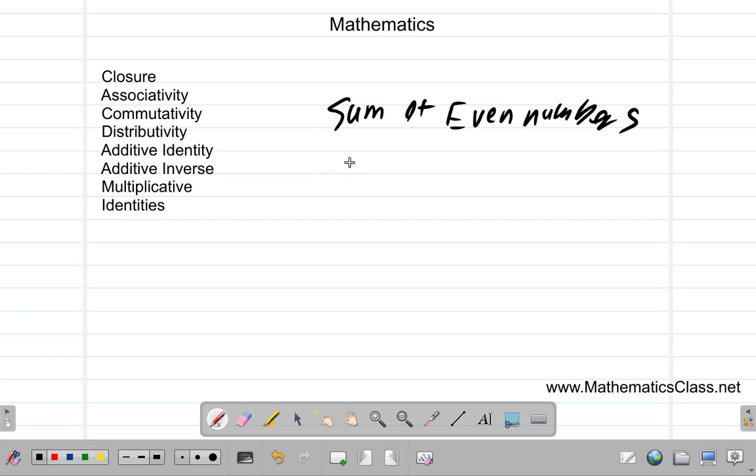Now the thing is, if you have something like 2 plus 2, you get an even number. 2 plus 4 gives you another even number, and so on and so forth. So basically when you add two even numbers, you get an even number. So you have closure there, because no odd number is allowed, right?